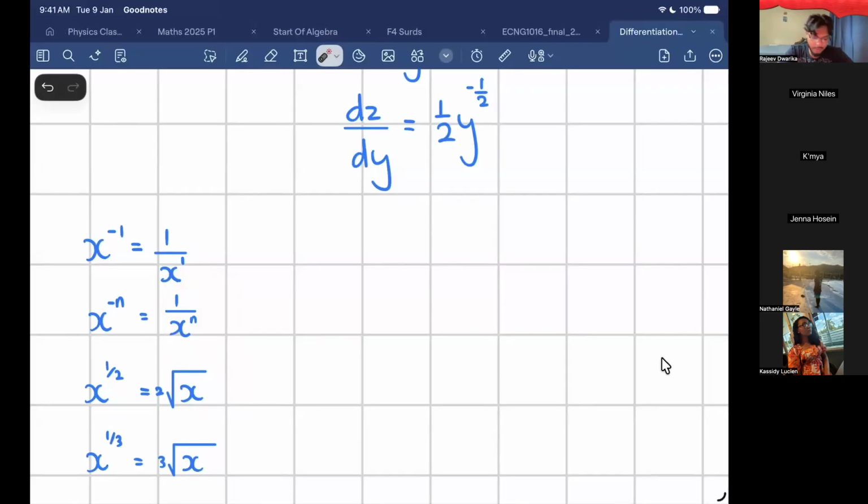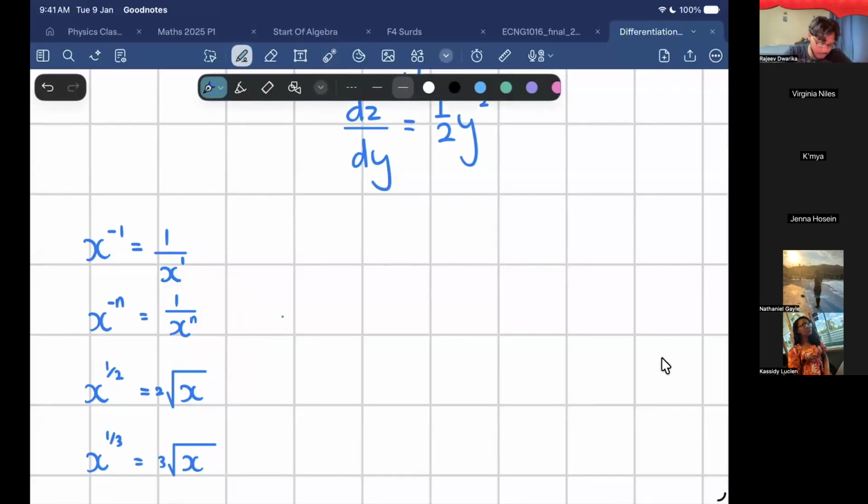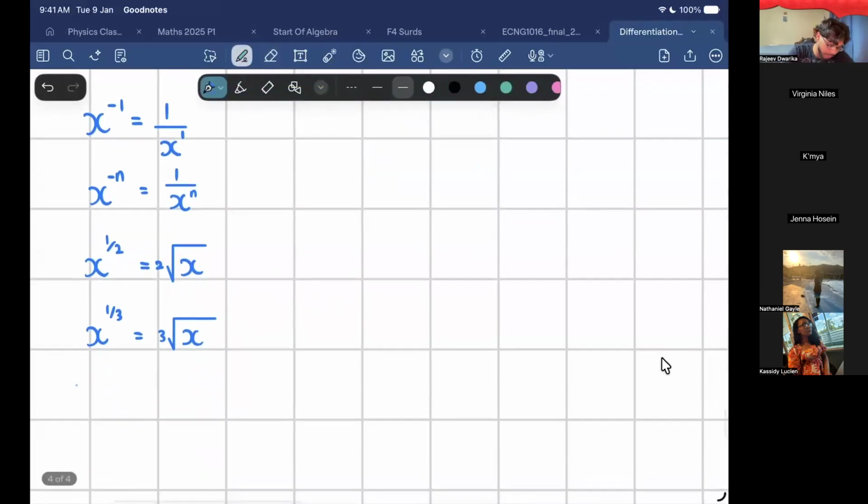Just to make sure you understand this, Jenna, if you had x to the power -4, what would that be? 1 over x to the power of 4. Cool. And we could generalize this statement by saying x to the power 1 over n is equal to what, Cassidy?